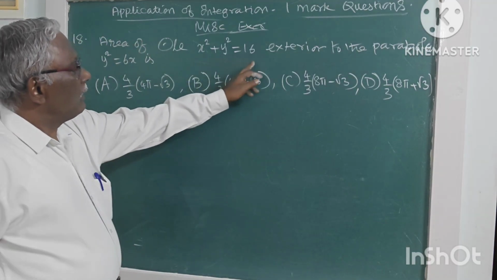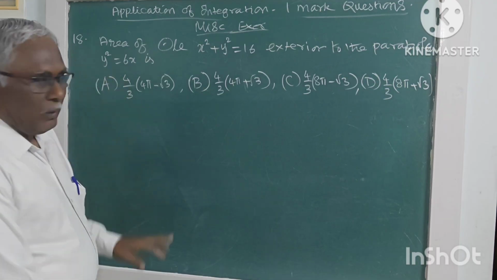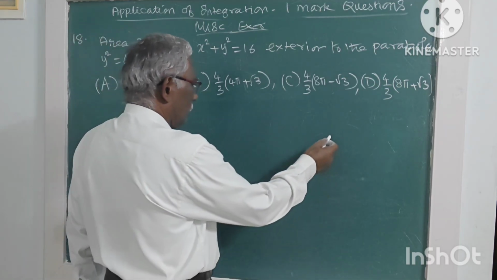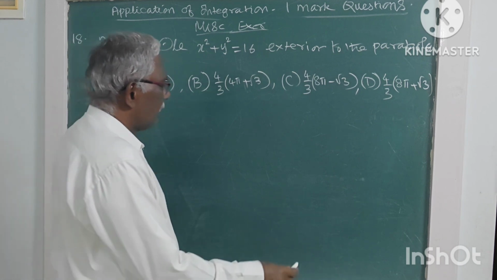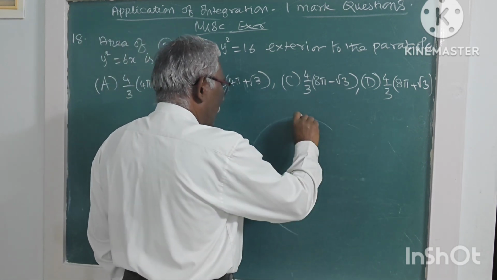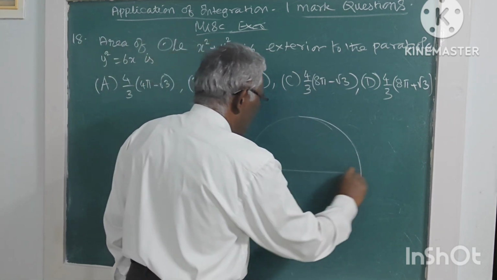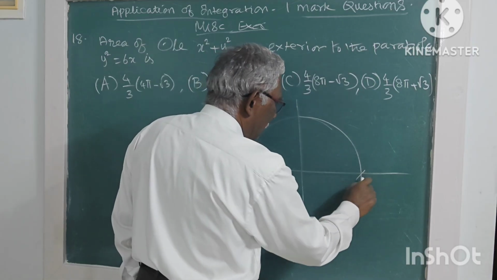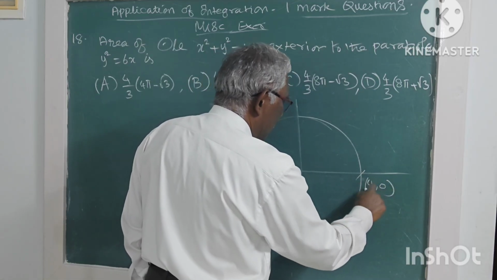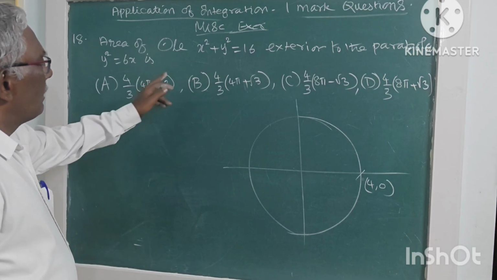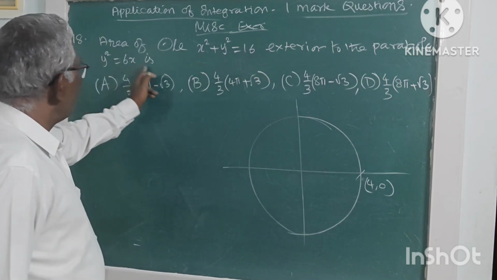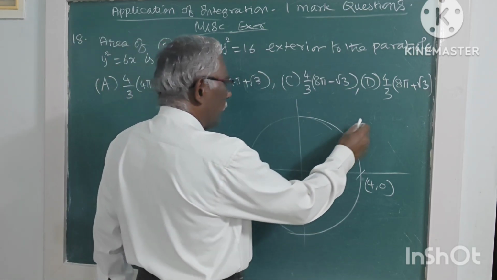Area of the circle exterior to the parabola y square is equal to 6x. So x square plus y square is 16, a circle with center at the origin and radius 4 units. And the parabola y square is 6x is a right-handed parabola.